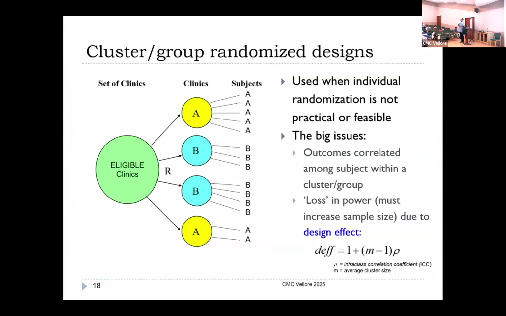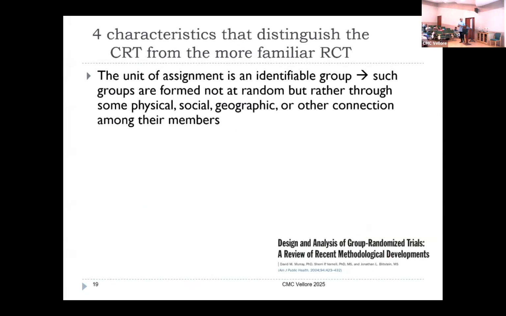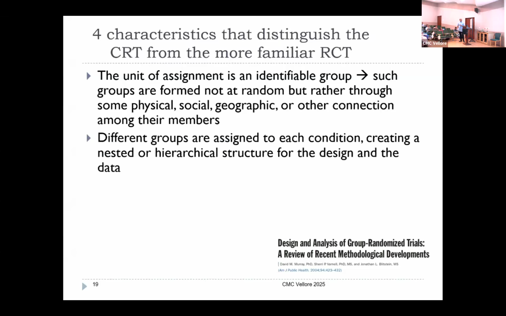There's a formula for it, and we'll talk more about it when we talk about clustered designs on Friday, about the impact of this type of design on power and sample size. So the 4 characteristics that distinguish it are that the unit is an identifiable group, socially, geographically, or by other connection.